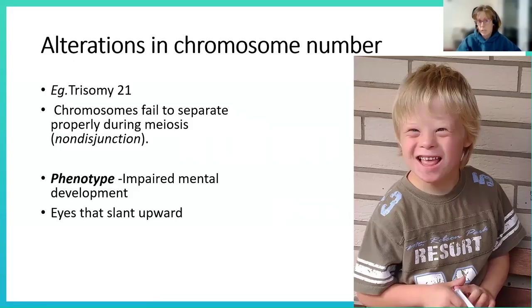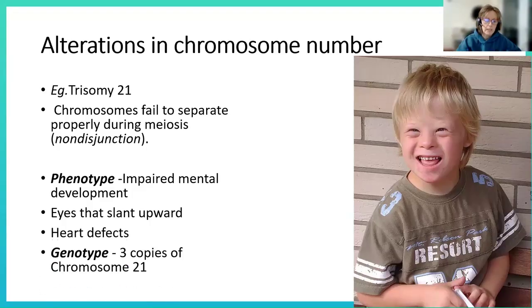This happens really quite commonly, and about a quarter, I think, roughly, of pregnancies don't develop properly and end up in miscarriage or spontaneous abortion because of these sort of abnormalities. But these miscarriages will happen very early on in the pregnancy. Women might not even know that they've conceived.